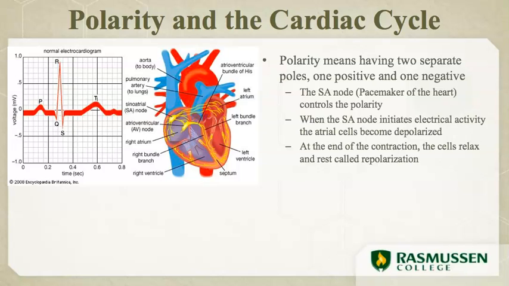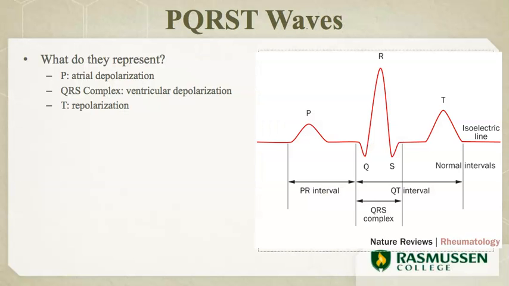This depolarization and repolarization represents one heartbeat. So now let's understand how to actually read an EKG machine and an EKG printout. You may never have to do this, but if you do, I want you to have a good baseline.